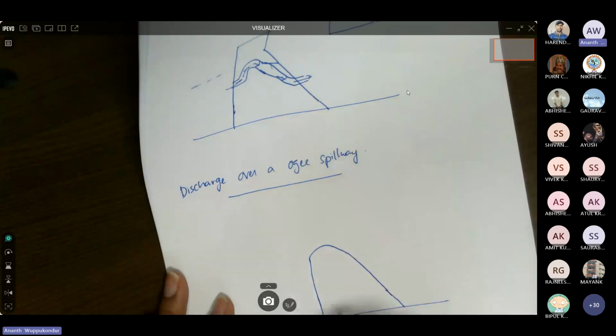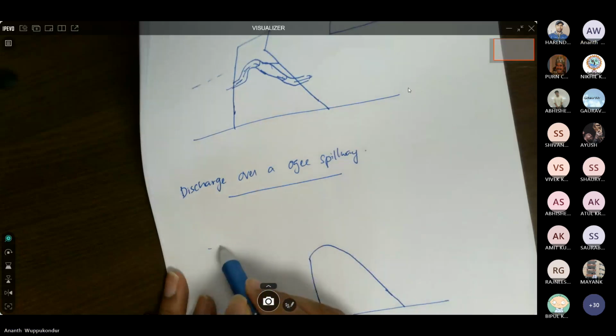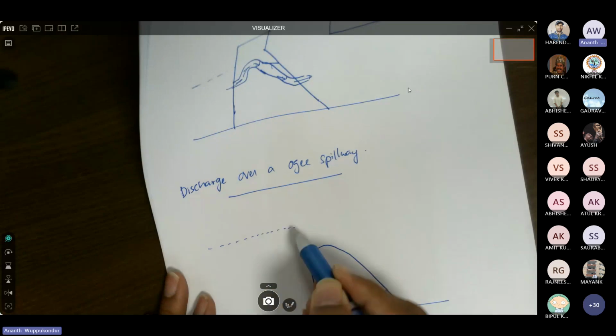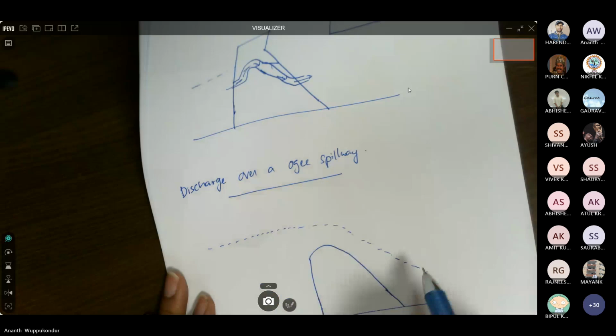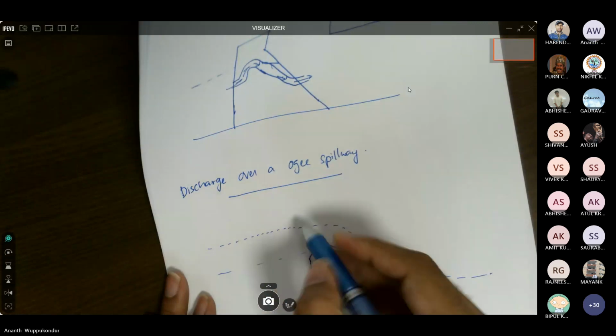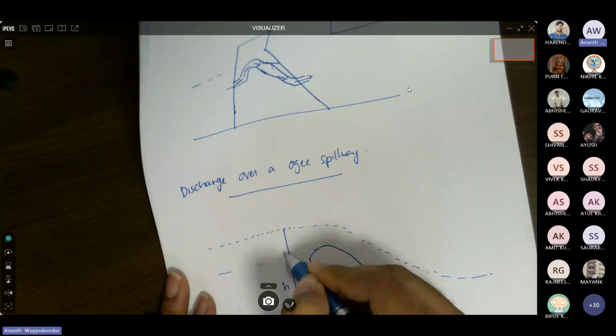So this is the dam. And then let's say my upstream water level is like this, and the water is flowing down. The height of the dam, I would say, is h, and the head on top of the dam is hd.